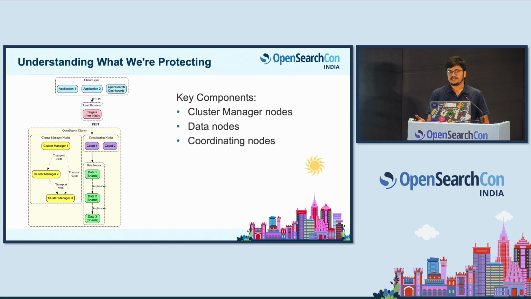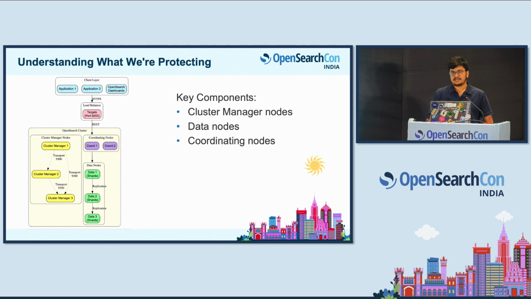Your cluster could be fronted by a general load balancer, and OpenSearch by default runs on port 9200. This connects to coordinating nodes that manage routing of requests. You also have cluster manager nodes that manage the cluster state, and data nodes that host your actual data. You could also use ingest nodes or ML nodes for different use cases.